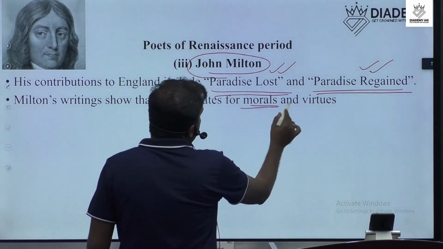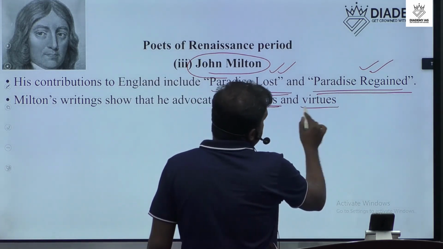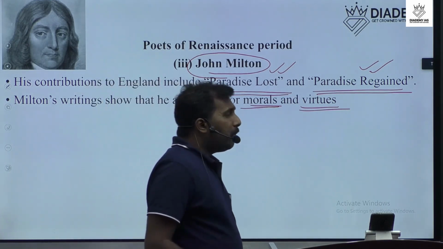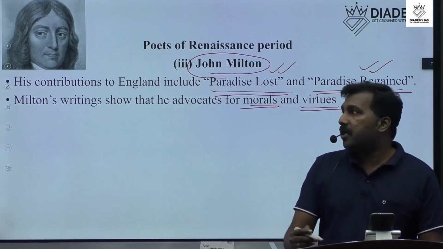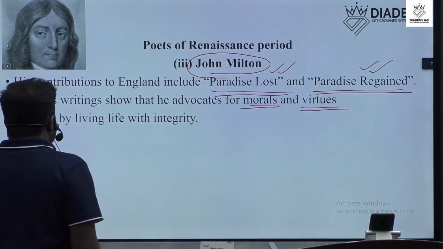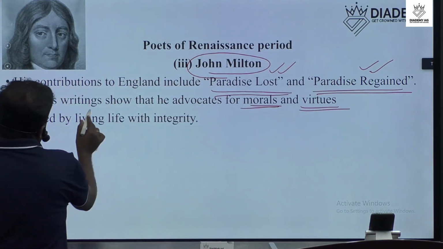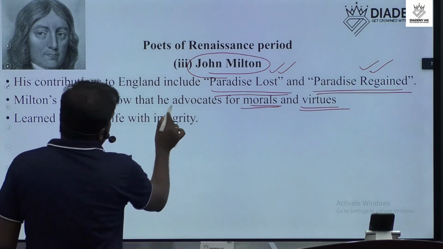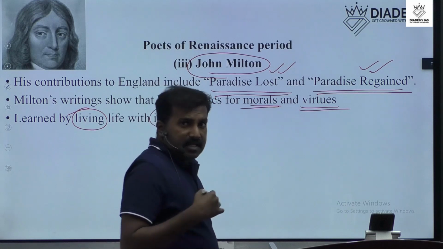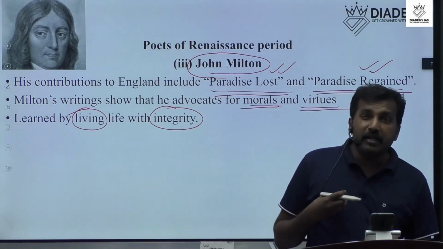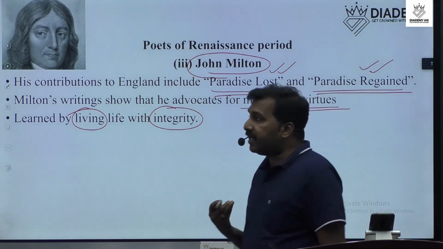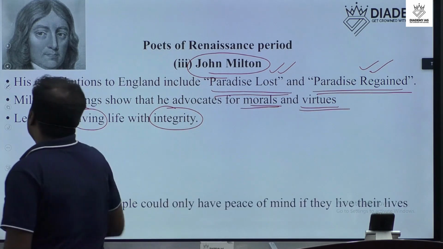He mainly explained the theme of morals and virtues, and he also promoted integrity through his work. In John Milton's work, he explained the value of life, a life with integrity and respect.